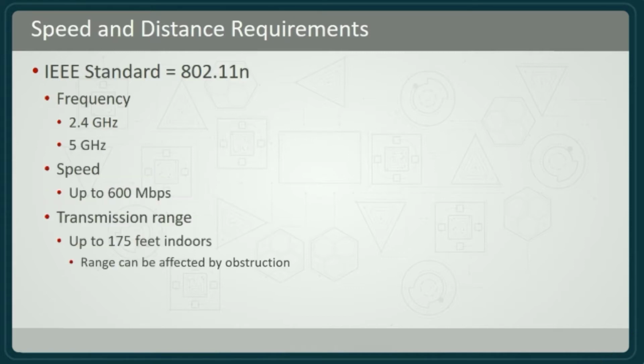And then finally, N supported both frequencies, 2.4 and 5, and a speed of up to 600 megabits per second, depending on the channel configuration, and a transmission range of up to 175 feet indoors, again, possibly affected by obstruction. But I would imagine that moving forward, we will continue to see enhancements and refinements, and really the speed should only get faster, and the range should only get farther.